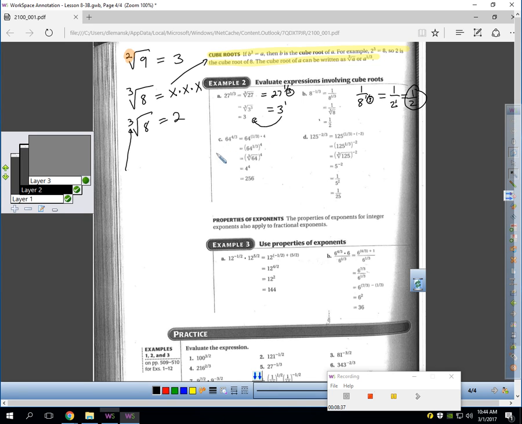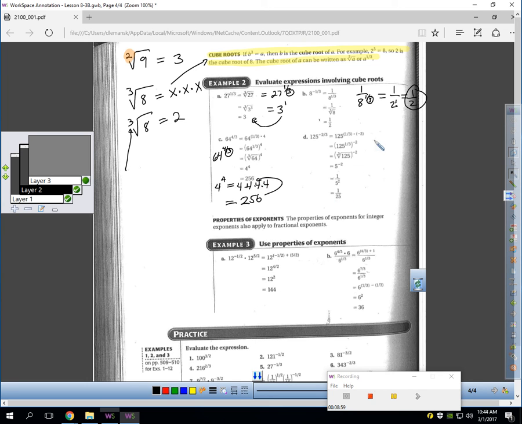Okay, or here, 64 to the 4/3 power. The cube root of 64 is 4. 4 times 4 times 4 is 64. And then I have to fourth power the 4. Well, 4 times 4 times 4 times 4 would be 256, which matches here.